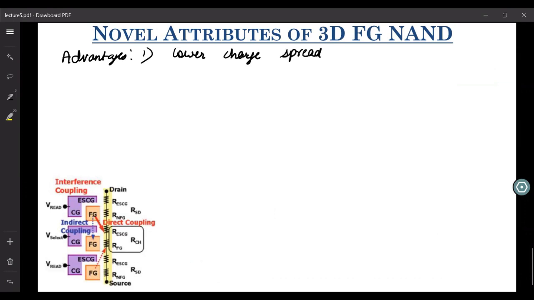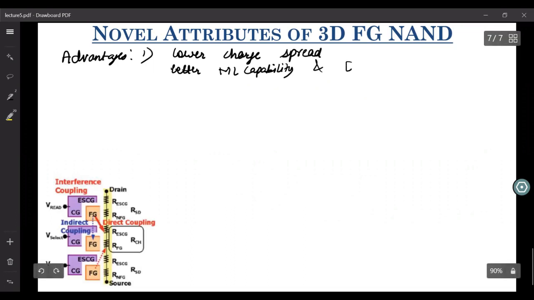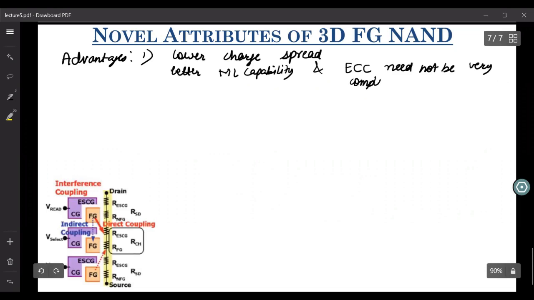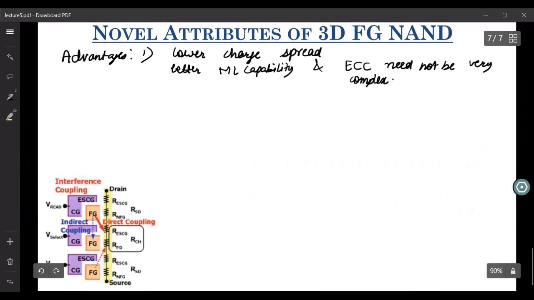And if there is a lower charge spread, it leads to better multi-level capability, right? And also a less complex ECC can work here. So ECC need not be very complex. That is another thing that we get out of it.